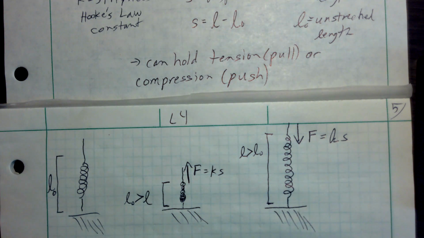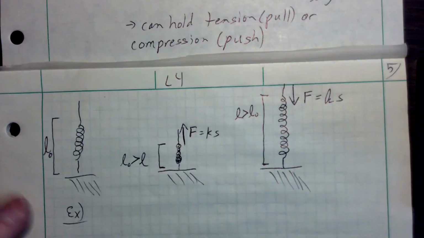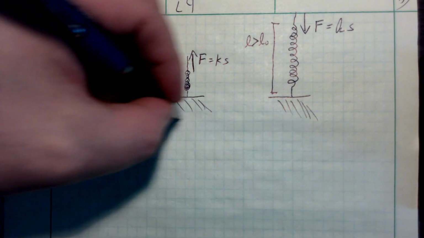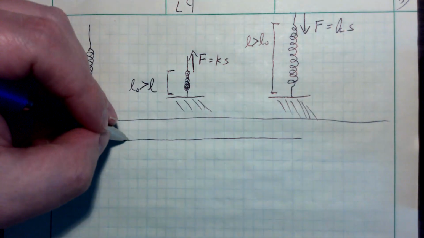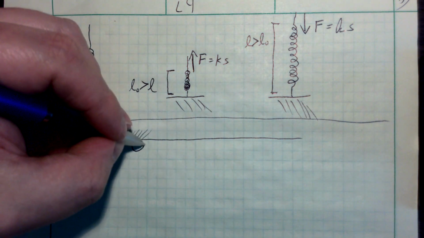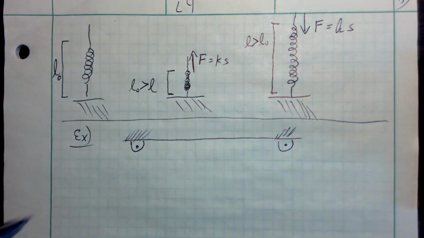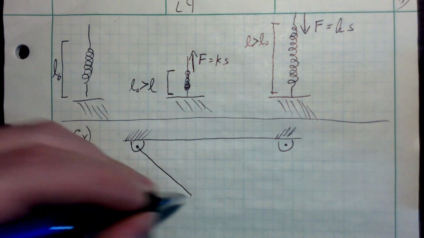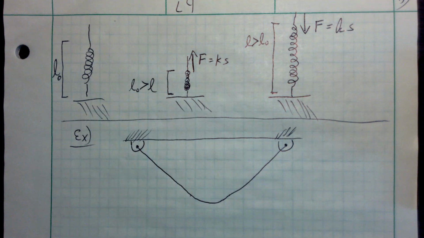What do we got here? Let us do an example. Let's say that we've got a ceiling of some kind. We've got some sort of a hanger up here and some sort of a hanger up here, and a cable.